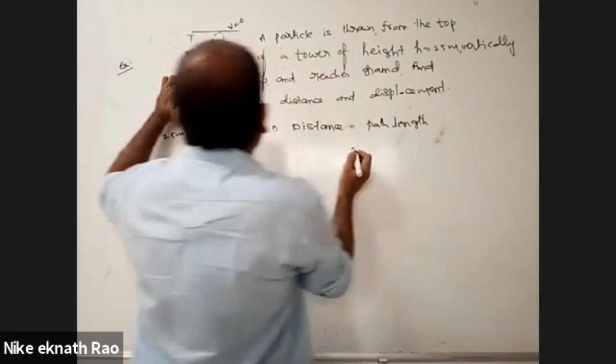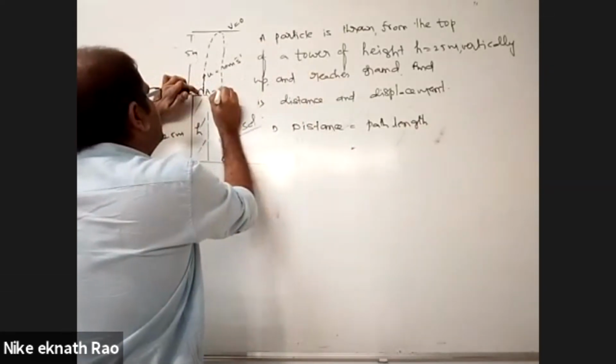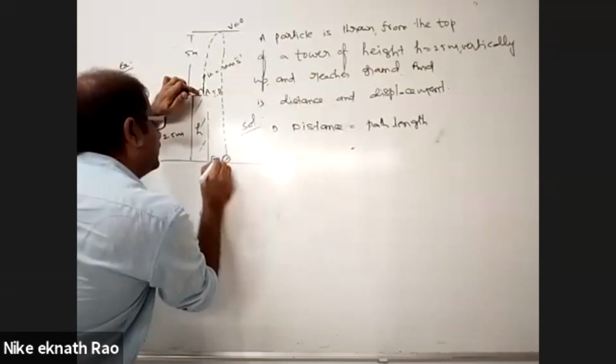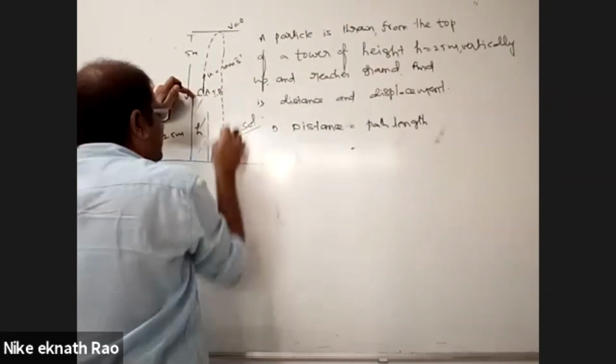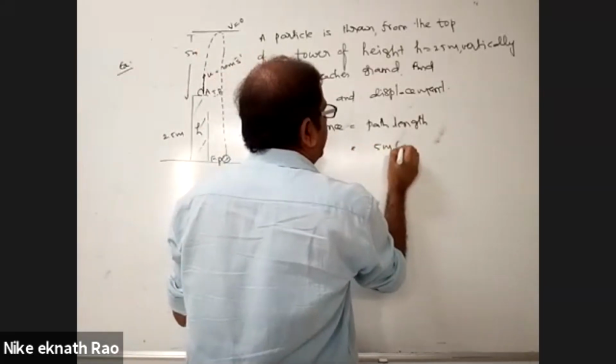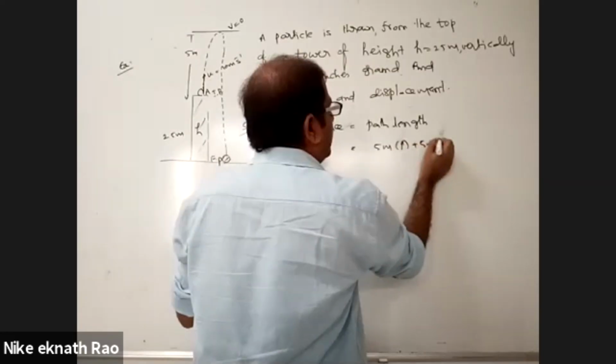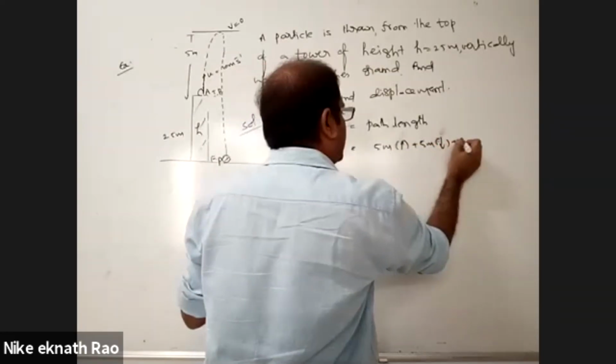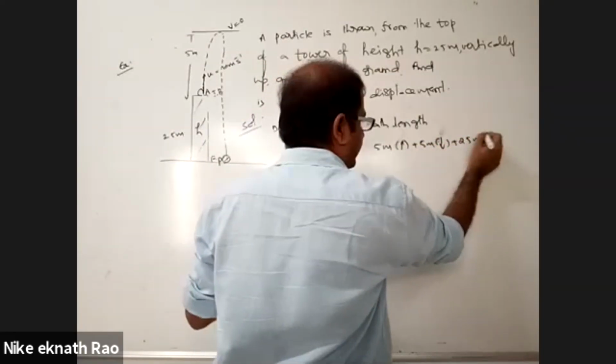While going from the starting point, this is the initial position and downward is the final position. So going up 5 meters, coming down 5 meters, again plus 25 meters downward.